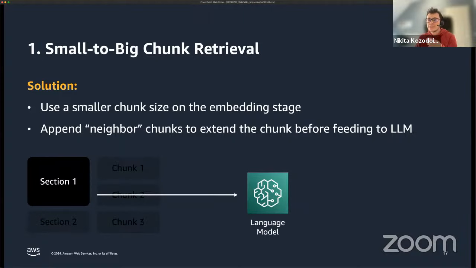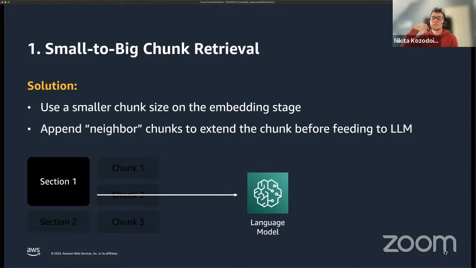It doesn't have to be a section, right? It should be some kind of a parent structure. Maybe we go sentence, paragraph, subsection, section. It can vary depending on our data domain, how we decide on this hierarchy. But the main idea is, let's have small chunks when we look for information.